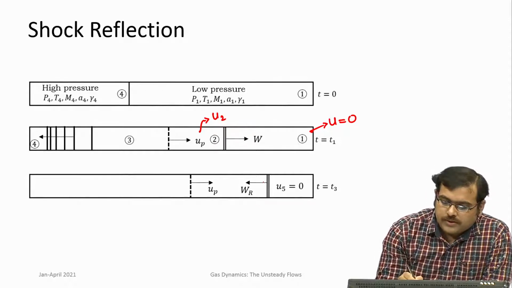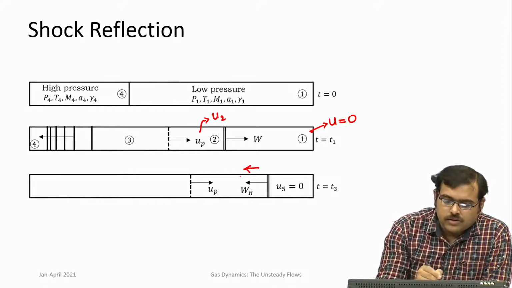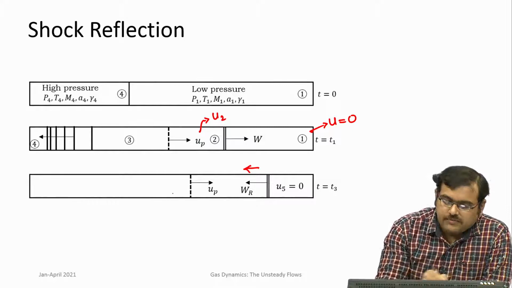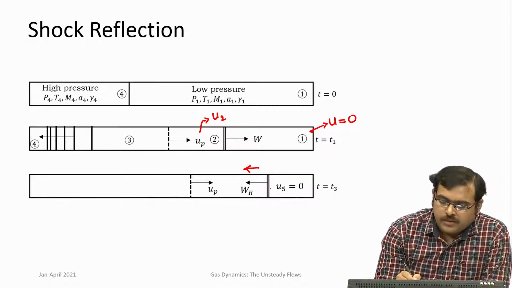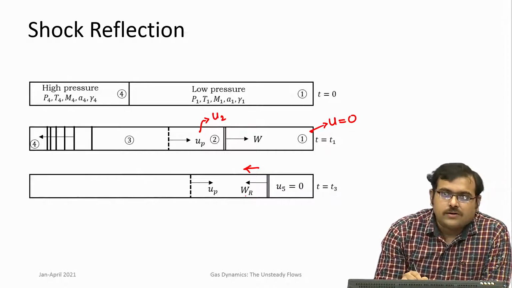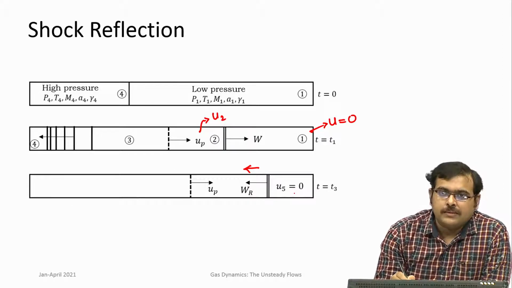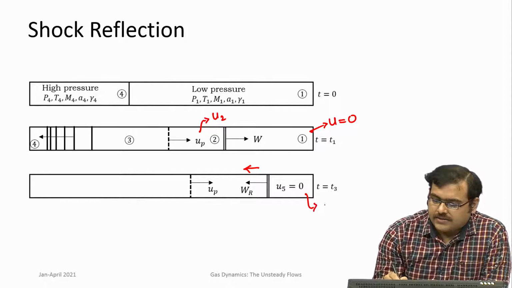The way the flow accomplishes this task is by creating a reflected shock, another shock which now progresses into the U2 section, or region 2. We are focusing on the region 2 section where the reflected shock goes in, and as soon as the reflected shock goes through the gas in region 2, behind it the shock converts the velocity to 0, and this is stagnant gas.